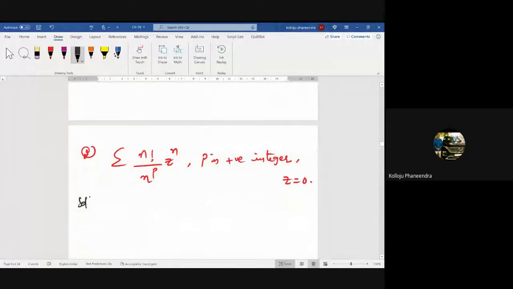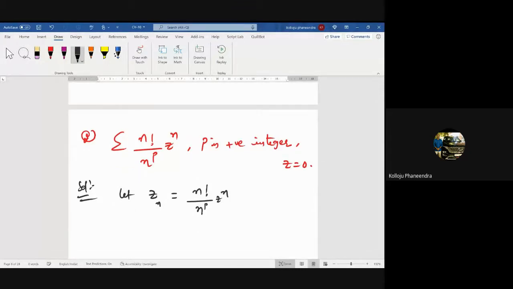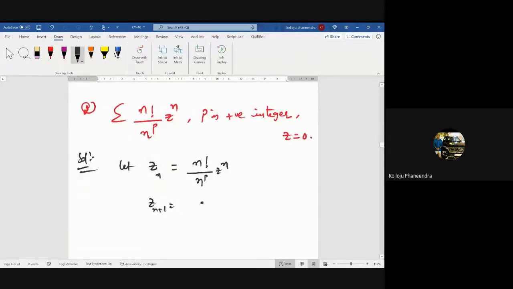Solution. Let me take Z_n. Now the nth term; I'm taking completely the nth term to get the region value, z to the power of n. So Z_{n+1} is nothing but (n+1) factorial by (n+1) whole power p, z to the power of n plus 1.